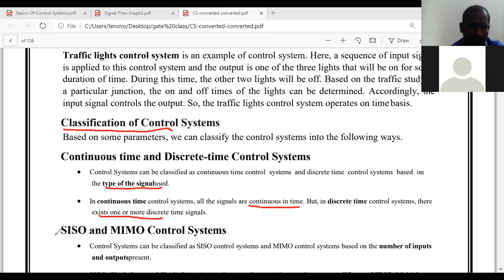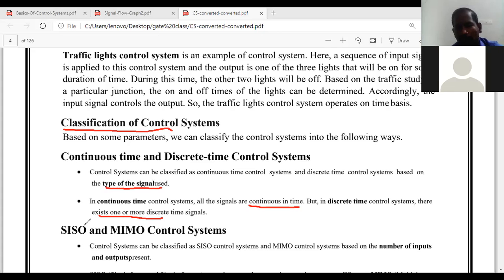SISO and MIMO control systems. SISO is single input, single output, and MIMO is multiple input, multiple output control system. Single input and single output means that in the control system only one input will be there, and only one output will be there. Such a control system is called a SISO system.